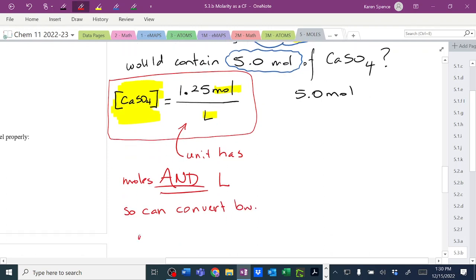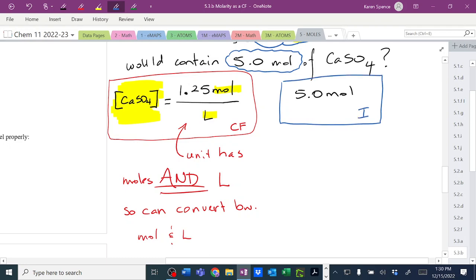So that means that this is our conversion factor, and the 5.0 moles is our initial quantity.